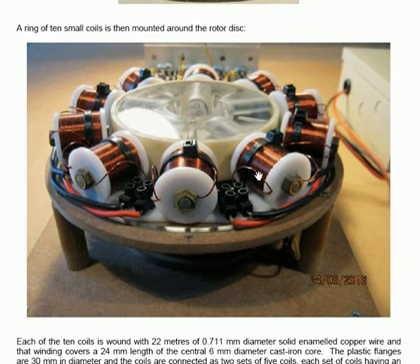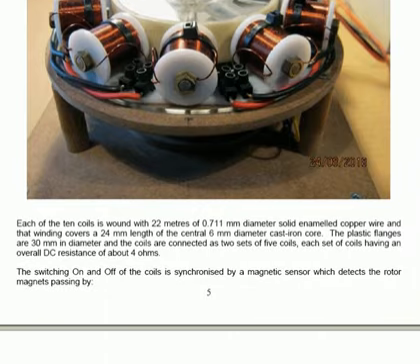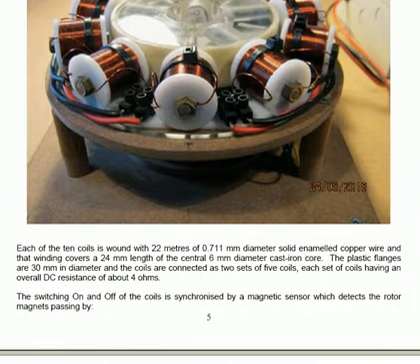Each of the 10 coils is wound with 22 meters of wire. The wire is 0.711 millimeters in diameter. It's solid enameled copper wire, which is easily available, and the winding covers a 24 millimeter length of the central cast iron core. The cast iron core is a 6 millimeter cast iron bolt which has been plated with a zinc coating.